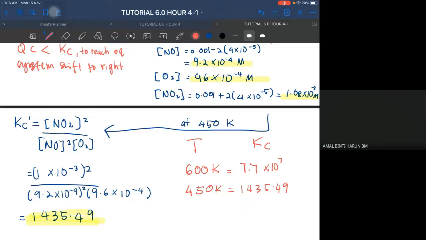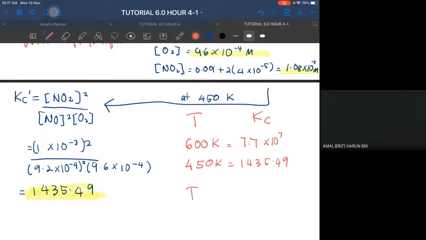So kalau T tinggi, mean KC tinggi. KC tinggi bermaksud rate dia lebih cepat. Maksudnya keupayaan dia untuk menghasilkan produk tu dengan lebih banyak. Okay. Lagi banyak KC, lagi macam mana kita kata, lagi kaya lah kita. Kita boleh hasilkan produk yang lebih banyak, lebih cepat semua.